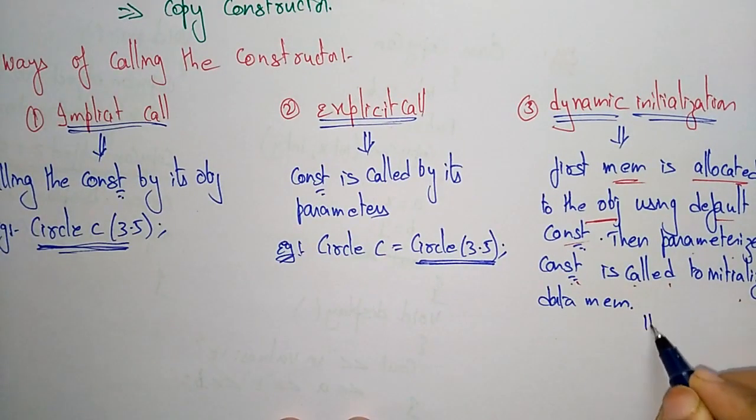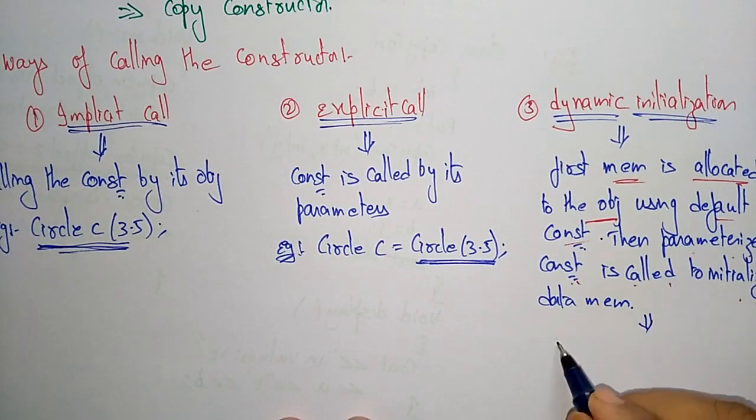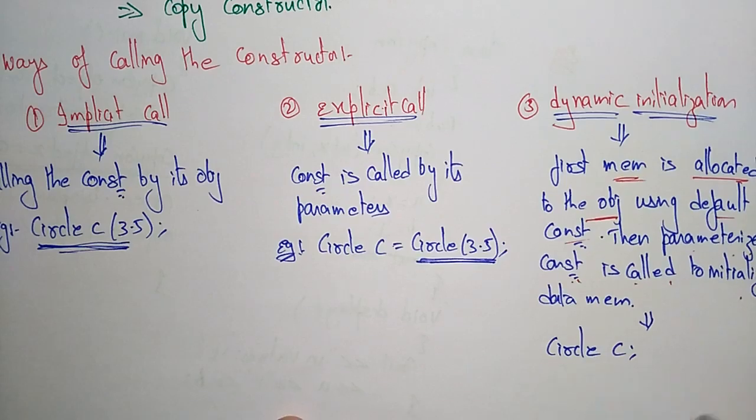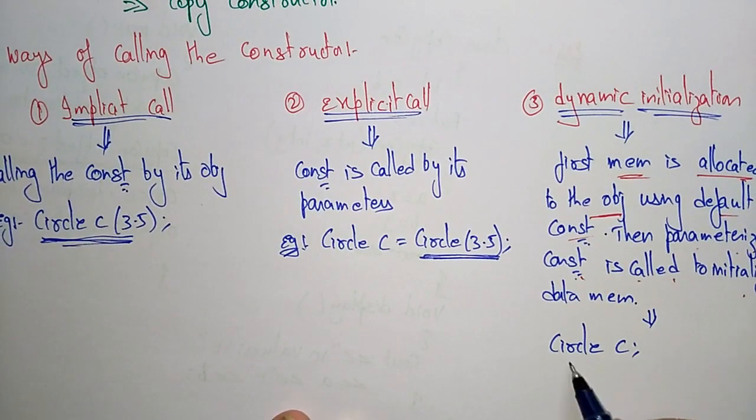The syntax for this is Circle C. Circle is the class name and C is the object. So now the first memory is allocated to this object C. After that, float x. Here I declare the value. Now I'm reading the value into x.